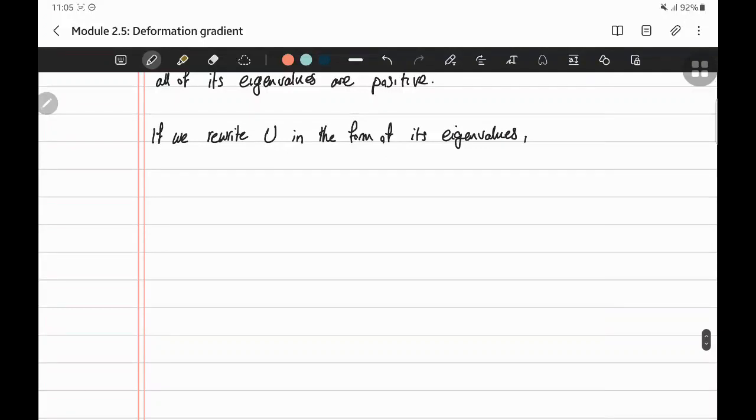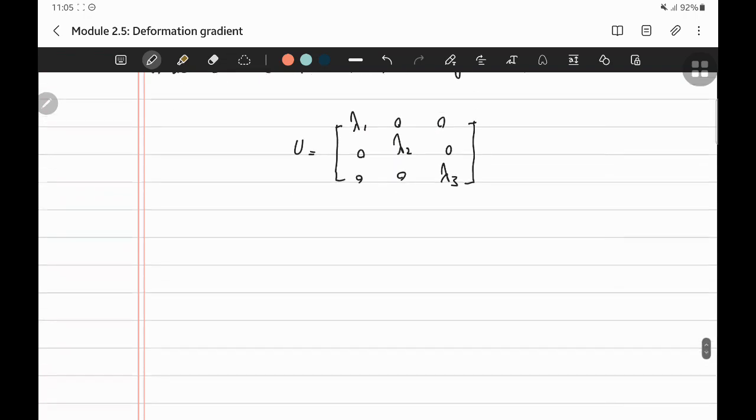So if we rewrite U in the form of its eigenvalues, then we have U equal to lambda 1, lambda 2, lambda 3, where they are all positive.